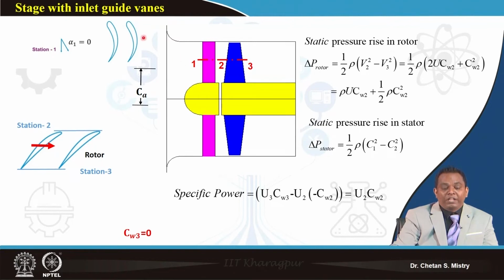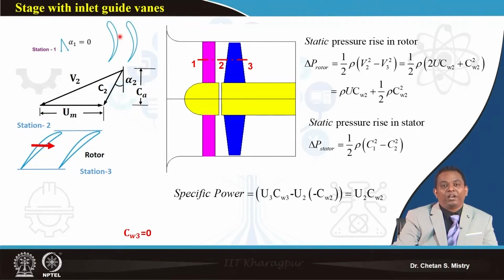With this inlet guide vane, my flow will enter the rotor at some angle alpha 2 with some absolute velocity C2. I know my peripheral speed, so I will get my relative velocity component. This is my beta 2, the angle at which my flow is entering the rotor.